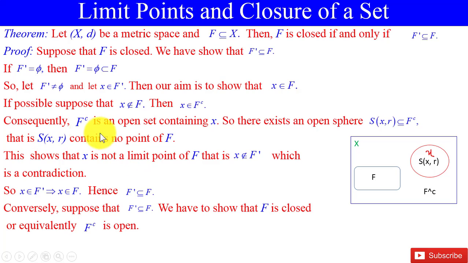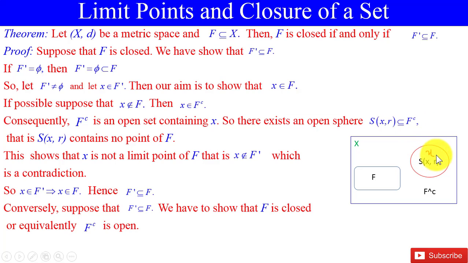Because we assume that F is closed, its complement F complement is an open set containing x. So, there exists an open sphere S(x, r) contained in F complement.